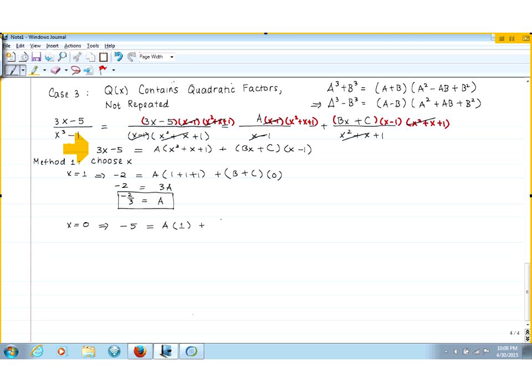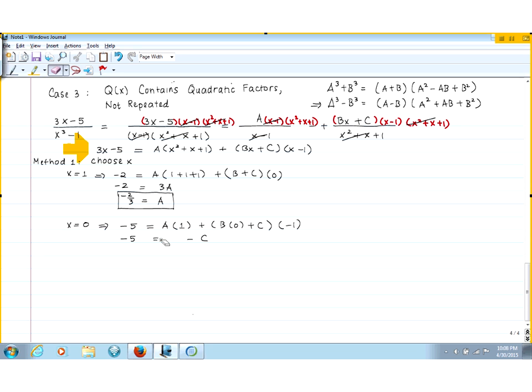So a times 0 plus 0 plus 1, so a times 1, plus b times 0, that's 0, plus c times 0 minus 1, which is negative 1. So negative 5 is equal to a minus c.